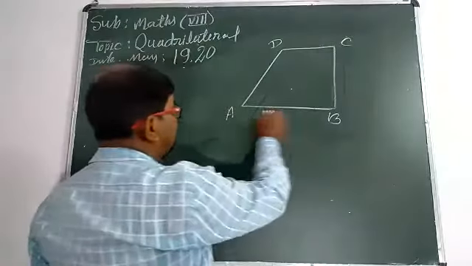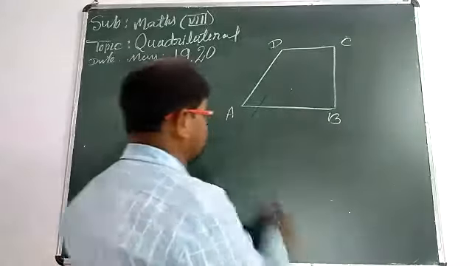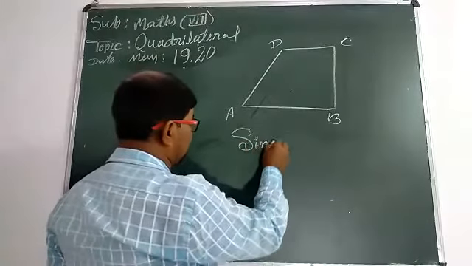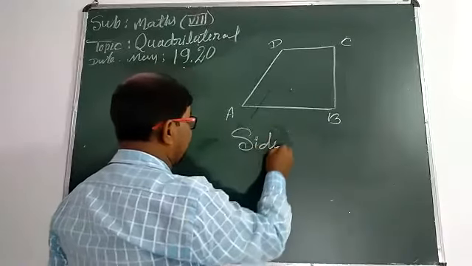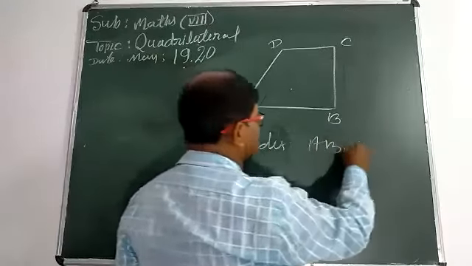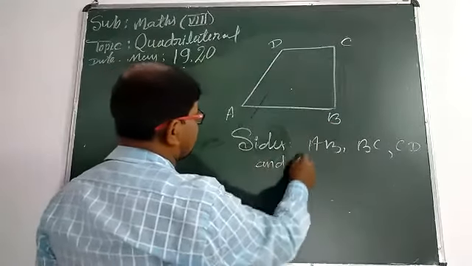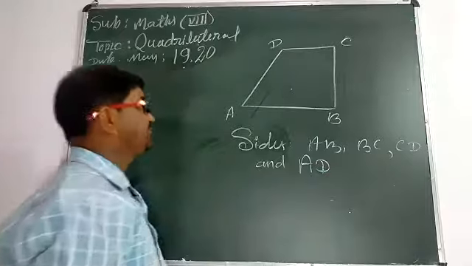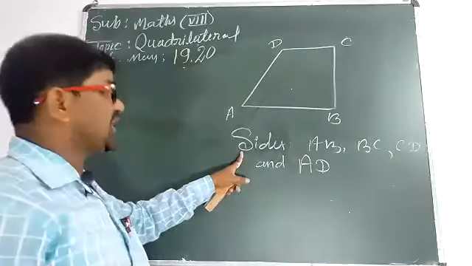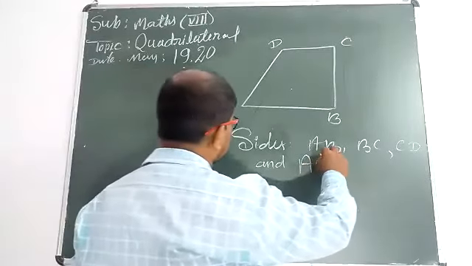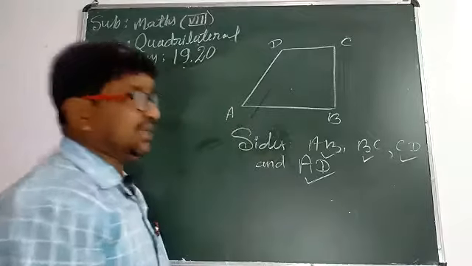AB, BC, CD, and AD are its sides. In a quadrilateral, we are thinking about sides: 4 sides here, AB, BC, CD, and AD.